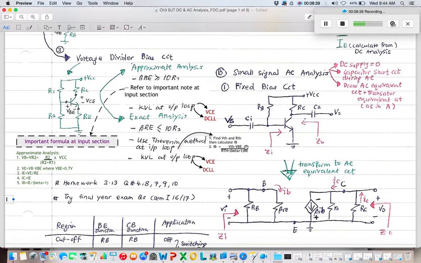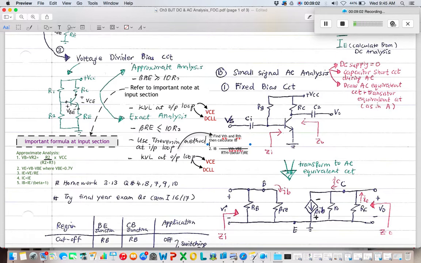How I get this formula is via KVL, right? So maybe I just put down another note here. Okay, it doesn't let me pass through.